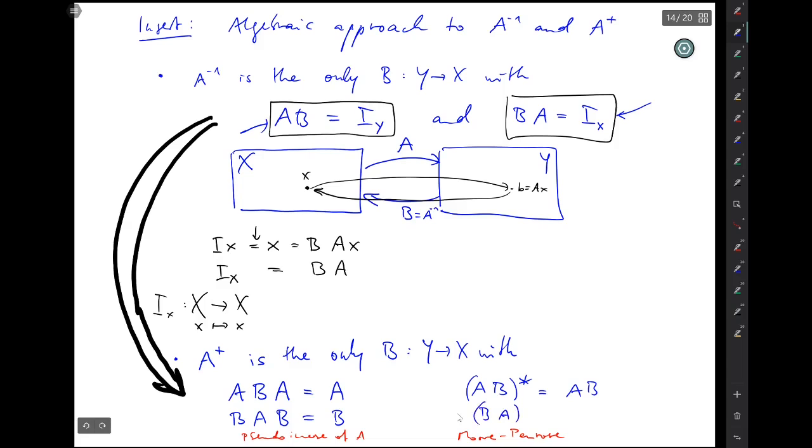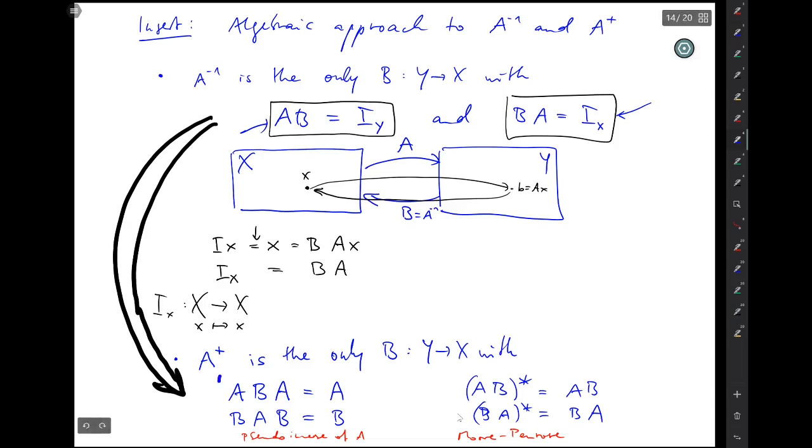So everything should be symmetric here. So B times A should be self-adjoint. So the adjoint of B times A should be B times A. Recall, for matrices, the adjoint is defined as the transpose matrix and then complex conjugated. The adjoint of an operator will be introduced in chapter 2 in a couple of weeks from now.